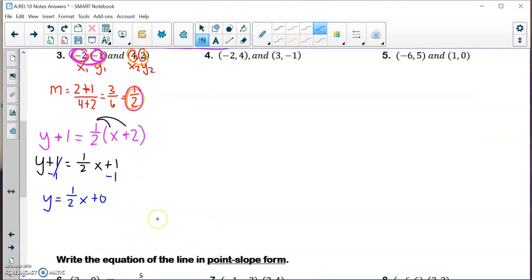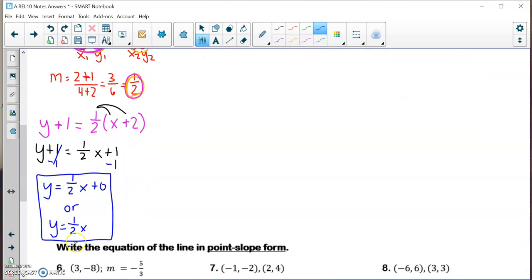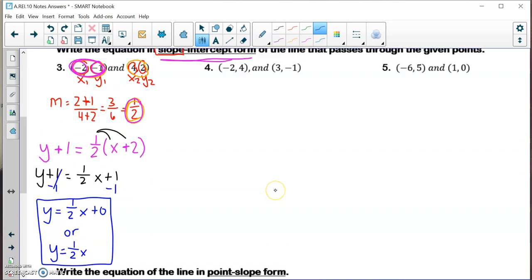So when we isolate y, you can either leave it as y is equal to 1/2 x plus 0, or you don't have to write the plus 0. You could just leave it as y is equal to 1/2 x. That would work as well. But this is your answer. And if you used the other point instead, you would still wind up with the same slope-intercept form equation.